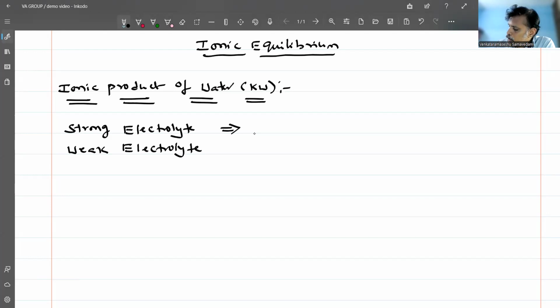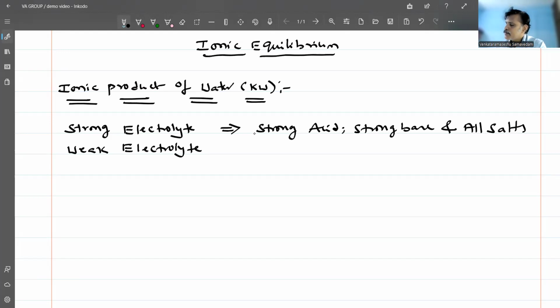So strong electrolyte is nothing but any strong acid and strong base and all salts which are soluble.